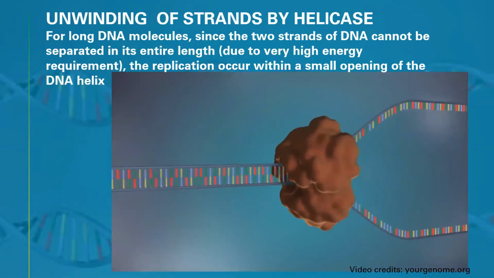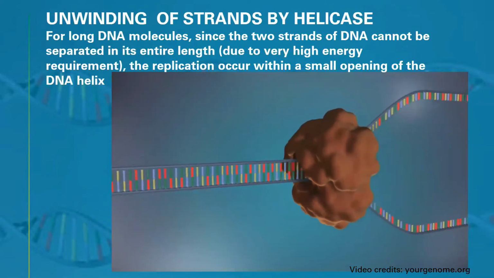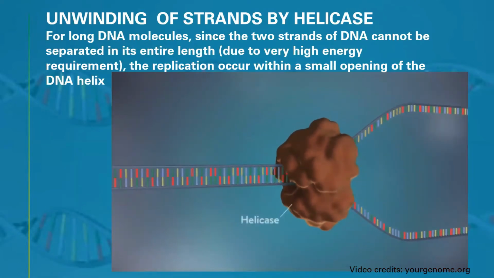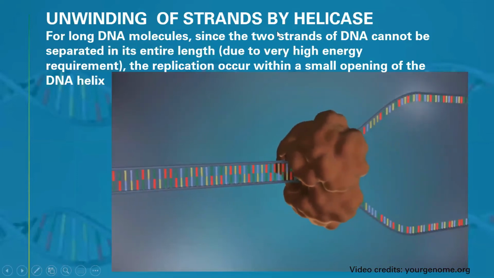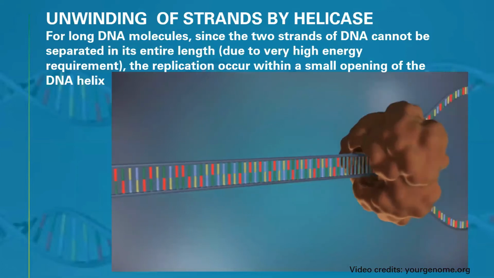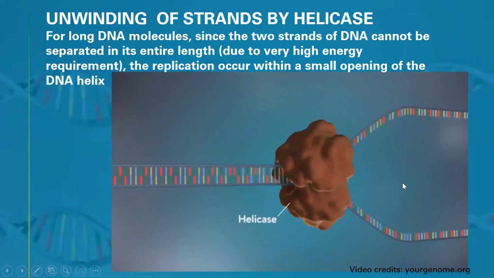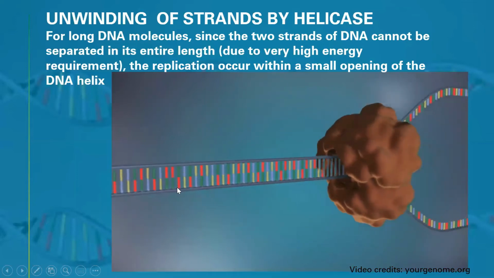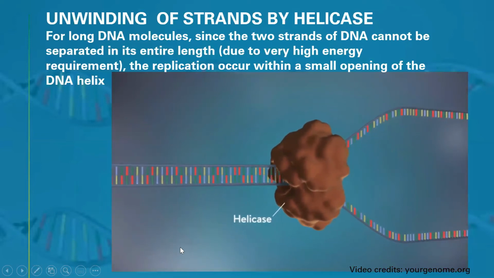Just now I said the first step is the breaking of hydrogen bonds by the helicase enzyme. Here you can see the helicase enzyme breaking the hydrogen bonds, and as a result the 2 strands get separated. Now remember one thing here: the whole strand of the DNA is not separated simultaneously.